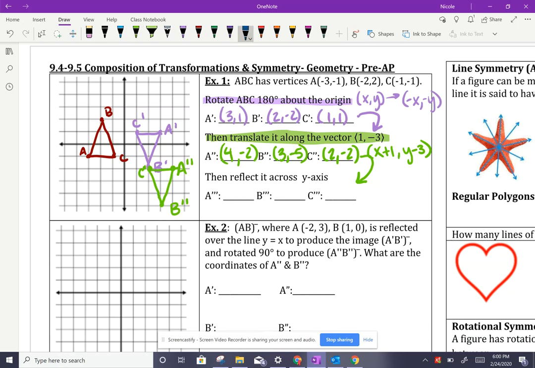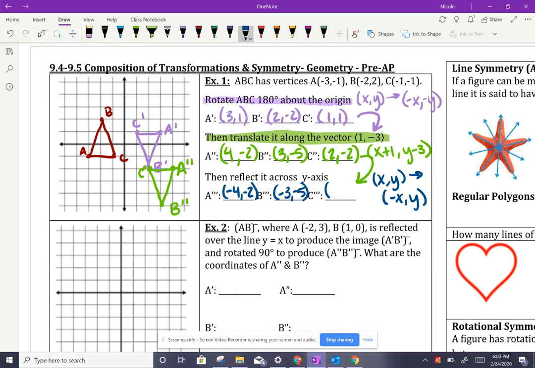So it says to reflect it across the y-axis. When we reflect across the y-axis, we take our x and y and it gets changed to -x and y. So our x value gets changed signs. So for A triple prime, I'm going to make -4, -2. For B triple prime, -3, -5. That y does not change at all.